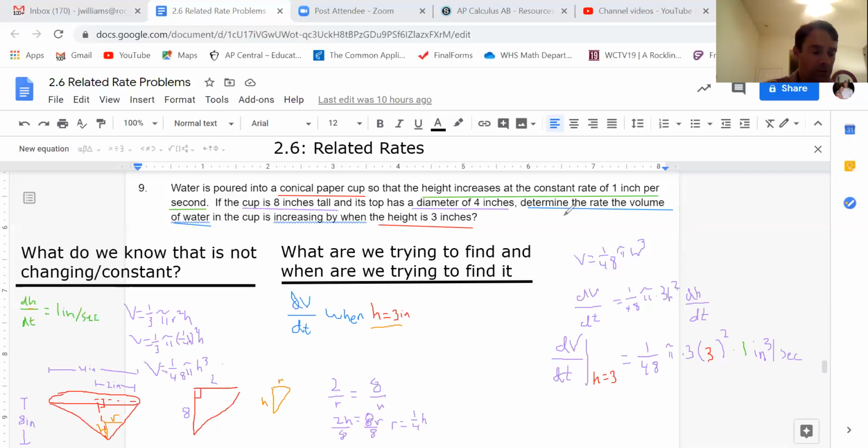All right, and if you clean this up, friends, you are going to end up with, I kid you not, 9 pi over 16 inches cubed per second. Or if you did the decimal, again, don't forget that approximate symbol, 1.7671.